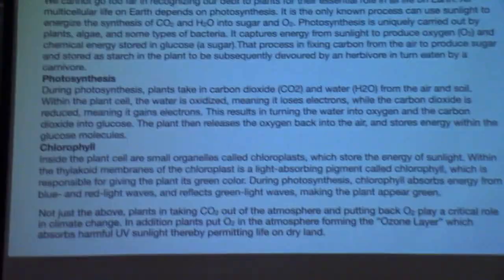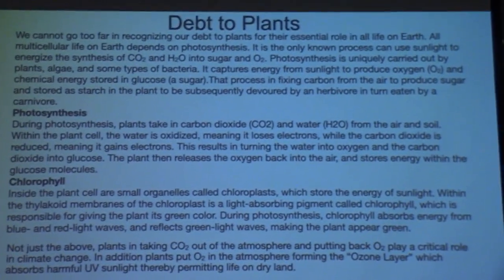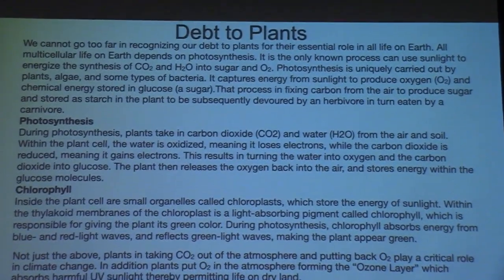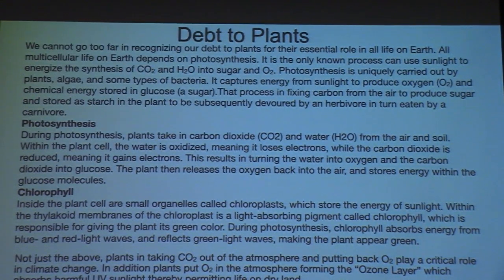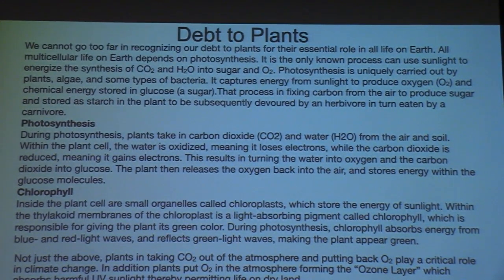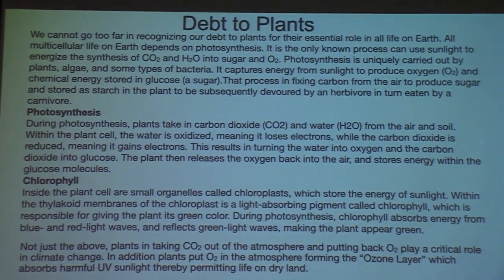I feel that we have to stop here and pay a debt to plants, not just because Donna's in the audience, but because there really is an absolute debt to plants to be paid.